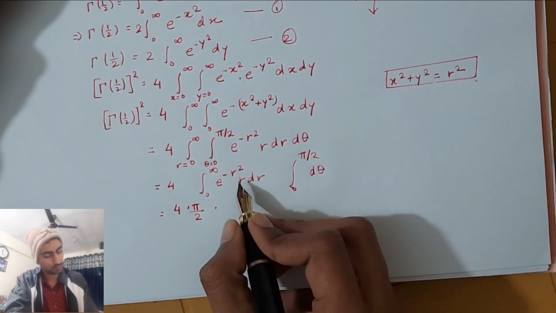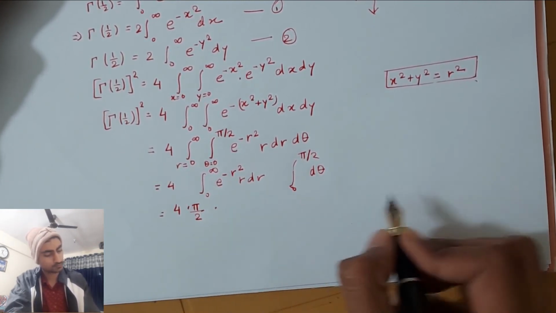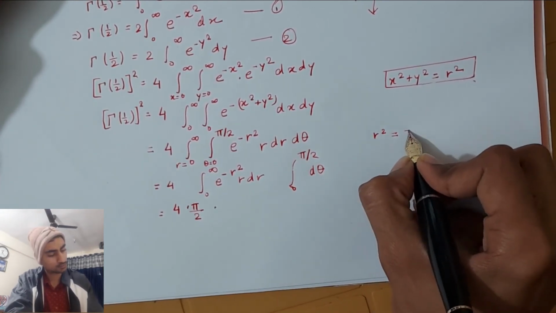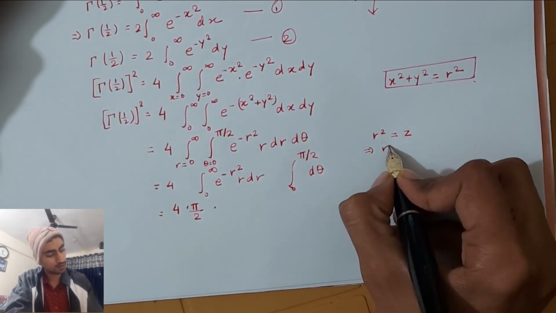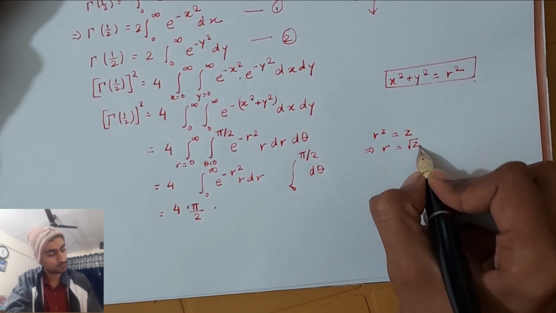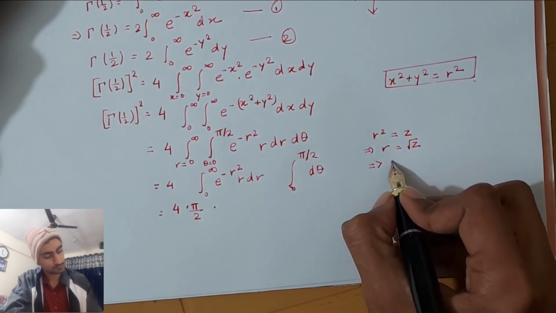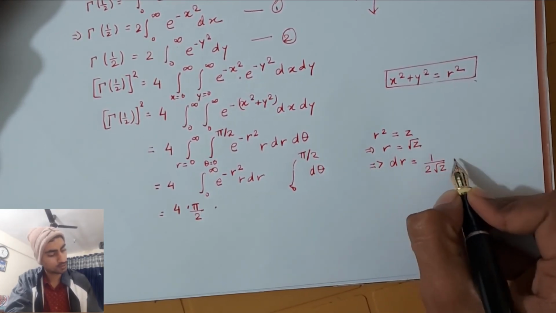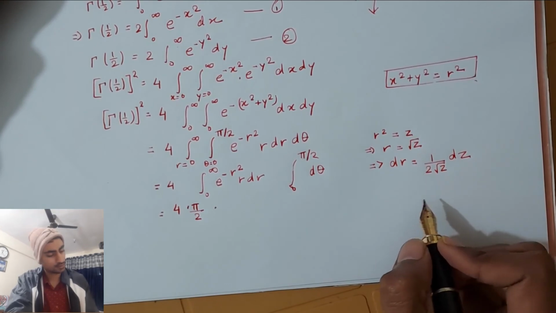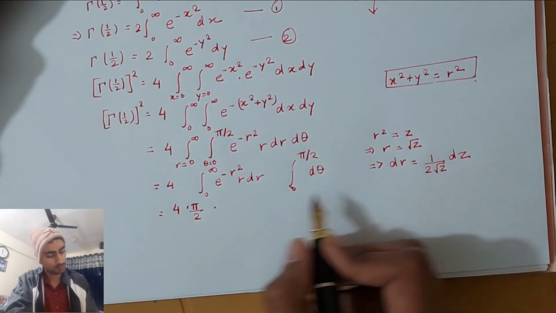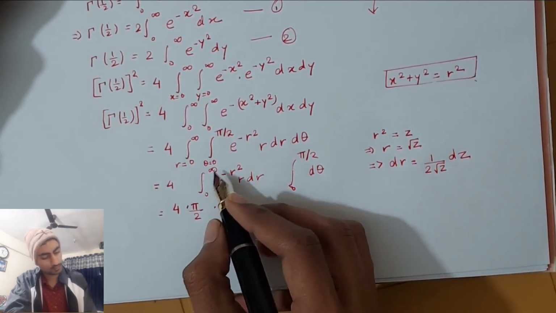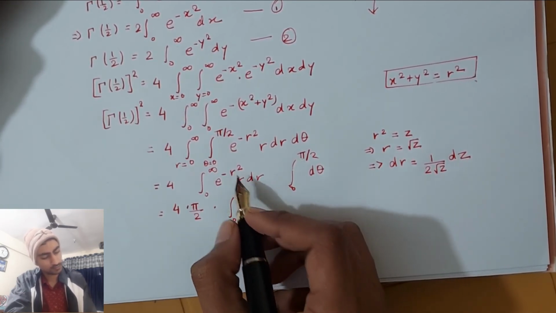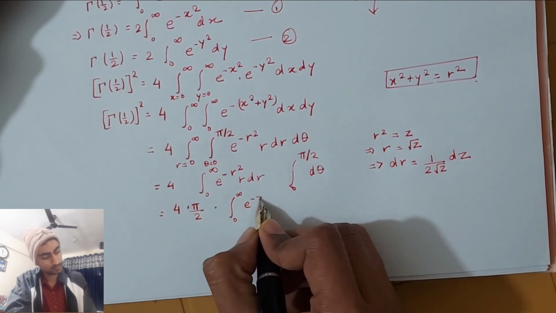If we substitute z for r squared, if r squared is equal to z, then r would be root z. This implies dr is dz over 2 root z. So we can substitute the values over there. From 0 to infinity, we can write e to the power minus z.